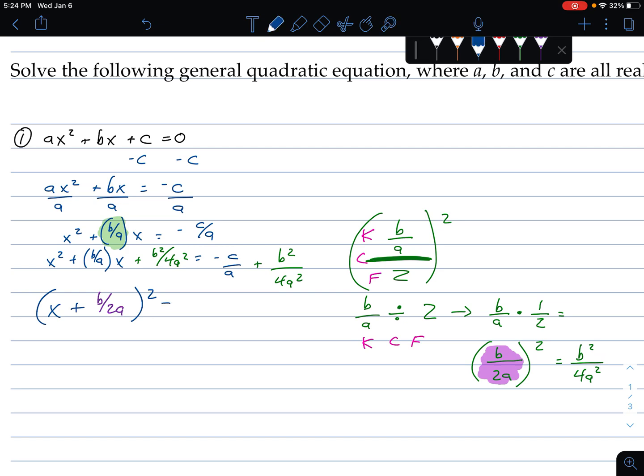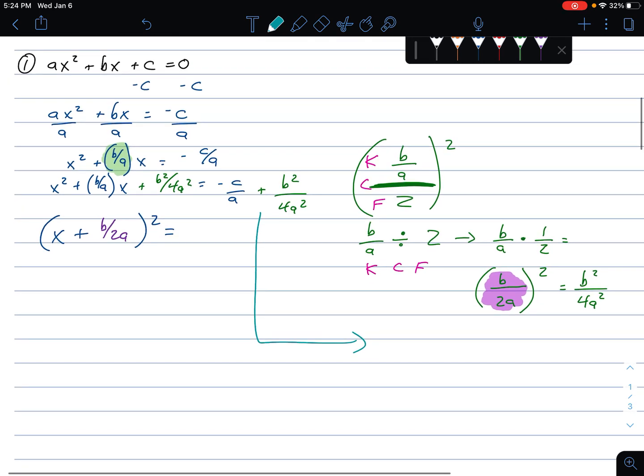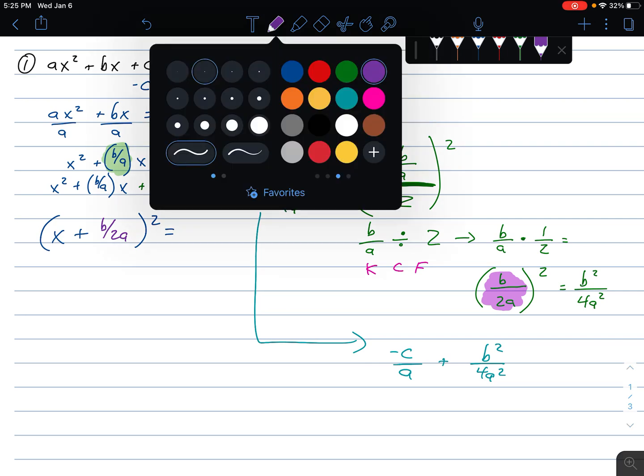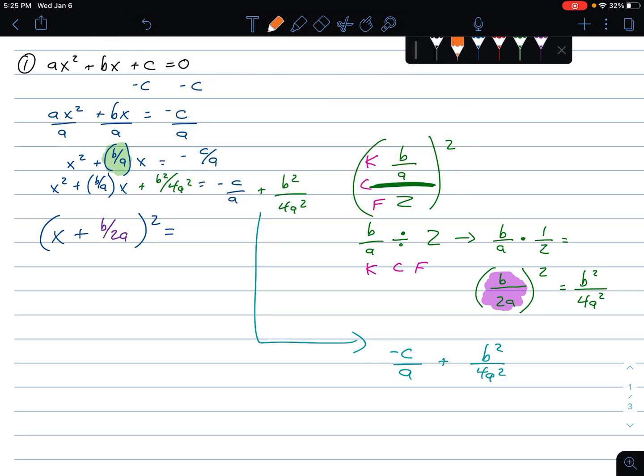Equals, I have to add these. Very annoying because I don't have a common denominator. I have to go get a common denominator. Why are you making me do this? Negative C over A plus B squared over 4A squared. This one needs, in order to match, a 4 and an A on top and on bottom.